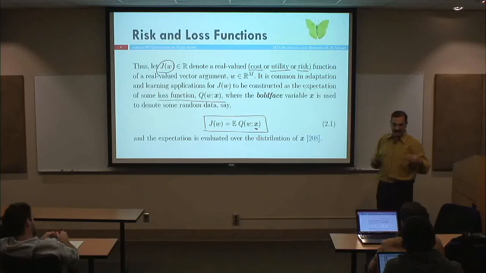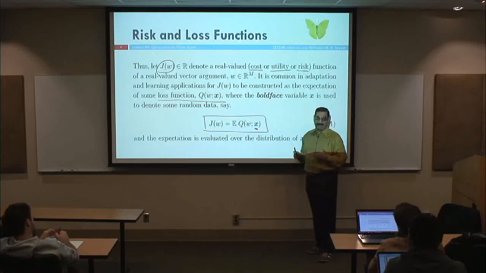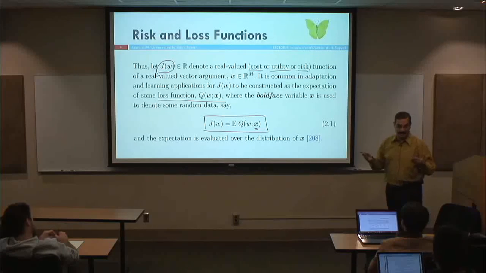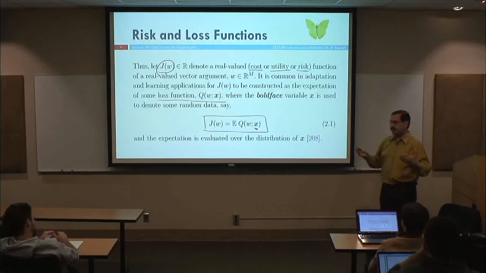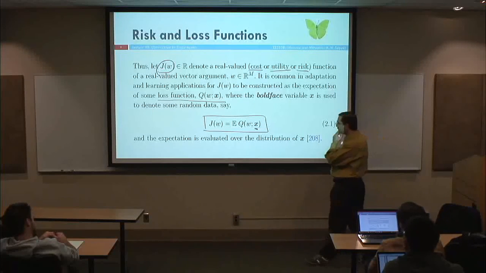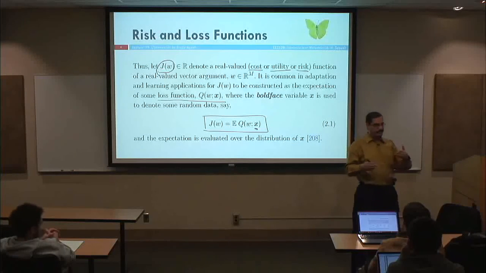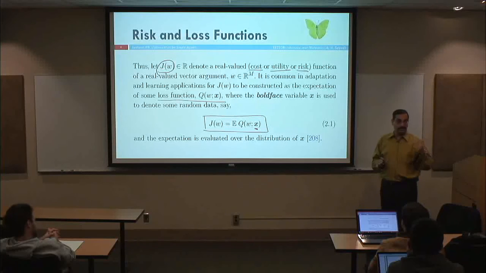I will be giving you examples very soon. For example, Q could be a quadratic loss function like in mean square error. Q could be a logistic loss function, like in logistic regression and so forth. And in learning, there are many other choices for Q. For example, we saw examples when dealing with perceptron loss or support vector machine loss functions and so forth.